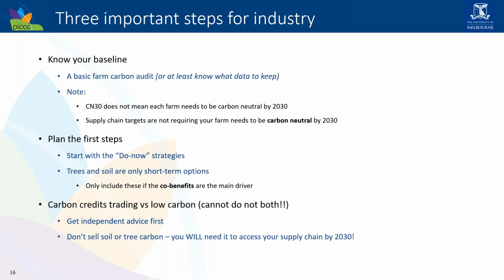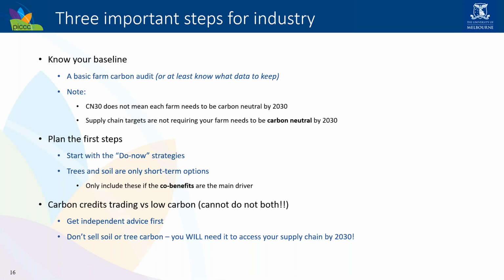So that's the other thing with doing a first run at one of these tools. It gives everyone an idea of, oh, I don't know what my kilowatt hours of electricity are. Where do I go and find that information? How can I keep that information going forward for when my suppliers come and ask for that sort of information?